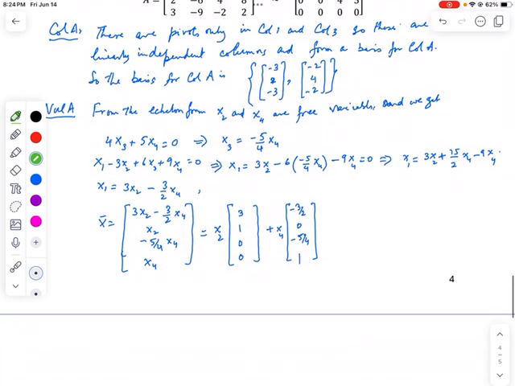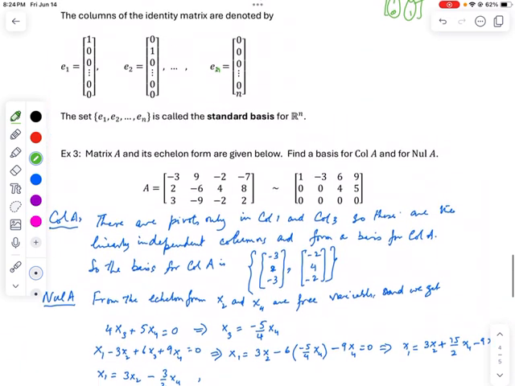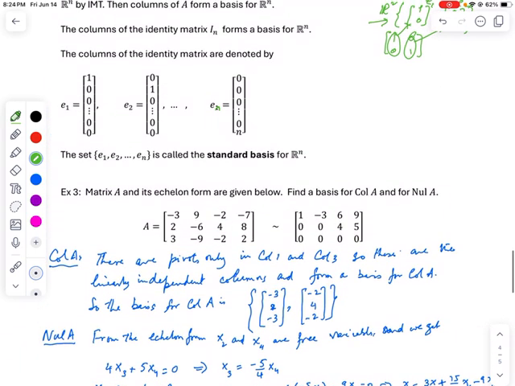But now we can have non-standard bases for our subspaces, and we will see how we can find them. We are going to find these bases for the subspaces that we just described in section 2.8, the Col A and Nul A. So matrix A and its echelon form are given.